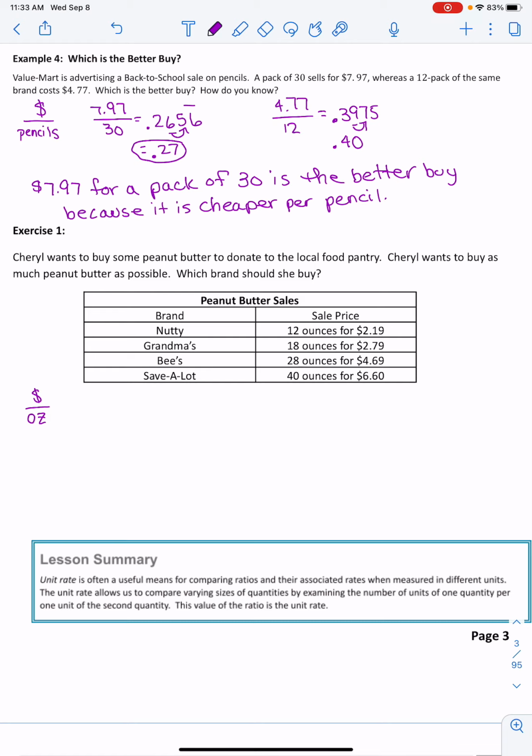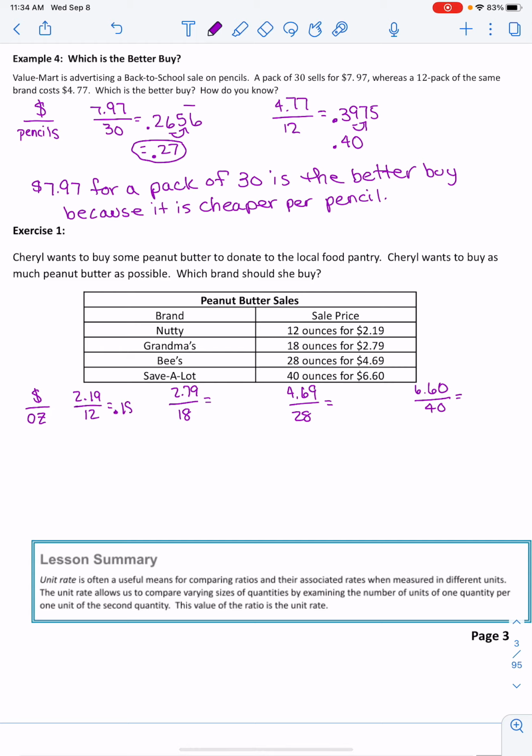So we have $2.19 for 12, $2.79 for 18, $4.69 for 28, and $6.60 for 40.